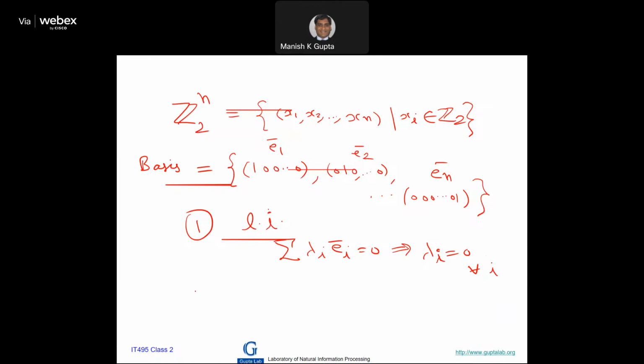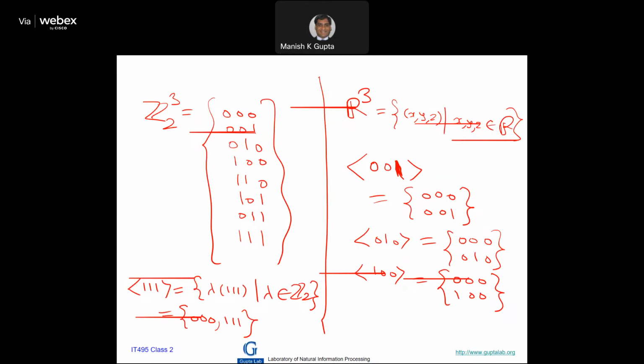And they span the whole space. So the span of E1, E2, ..., En is the whole space Z2^n. Span means if you take any vector in Z2^n, it can be written as a linear combination of the basis vectors. For example, first of all, what is the basis here?